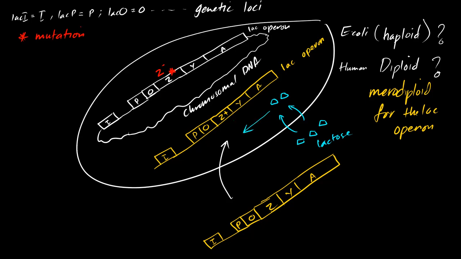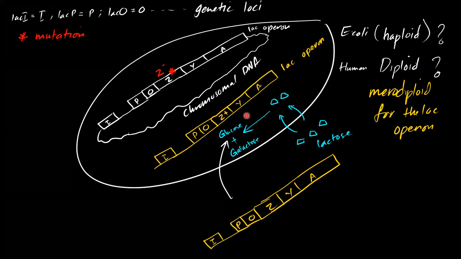If there is a beta galactosidase enzyme, it will be able to convert lactose into glucose plus galactose, right? But we need the enzyme beta galactosidase. Now the enzyme beta galactosidase could come from here, from this gene that encodes the beta galactosidase, and this is another gene that encodes the beta galactosidase.